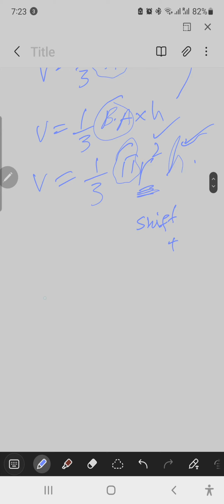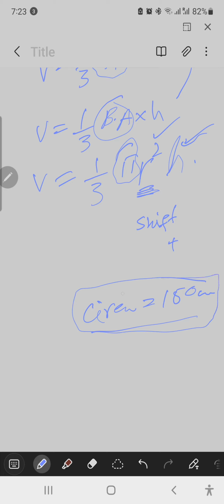One thing more, sometimes a cone is given with the circumference, which is equal to 2 pi r, for example, 150 centimeters. A cone is made and below that the circumference is written. So from the circumference you find the radius. You will write circumference is equal to 2 pi r.